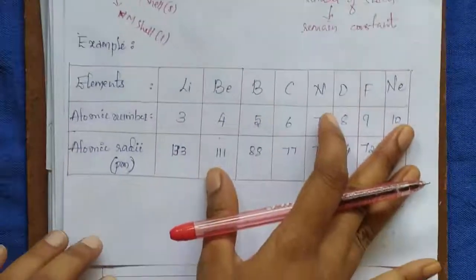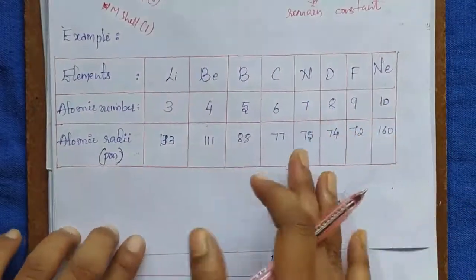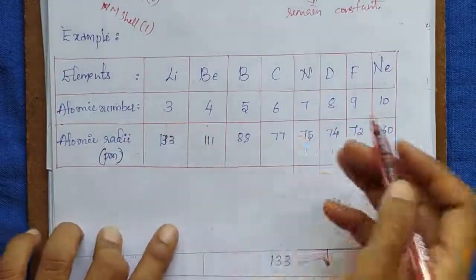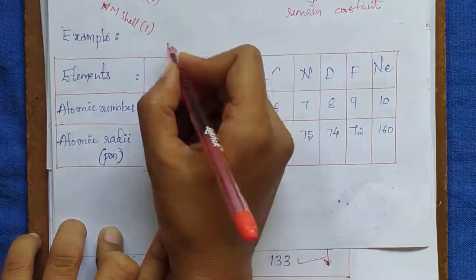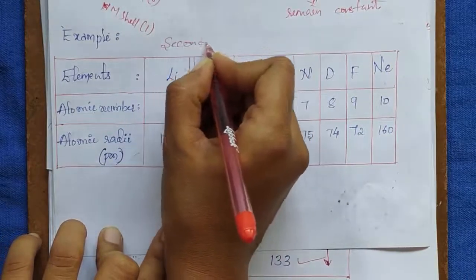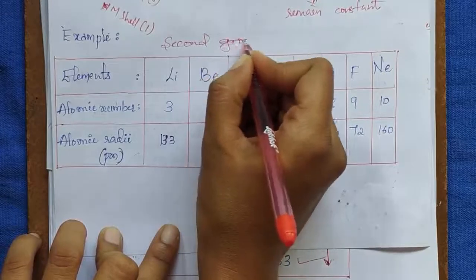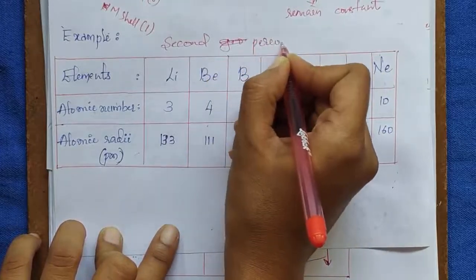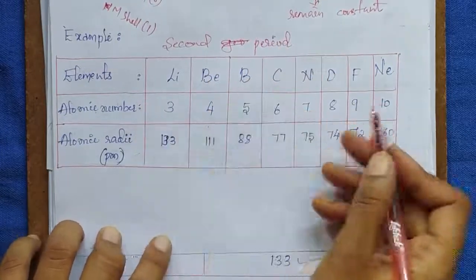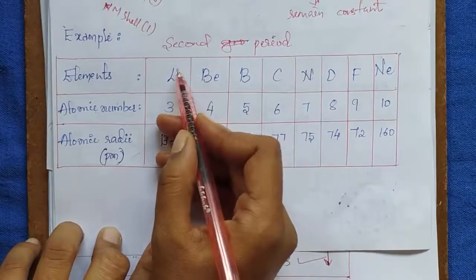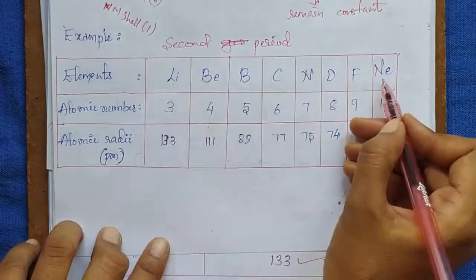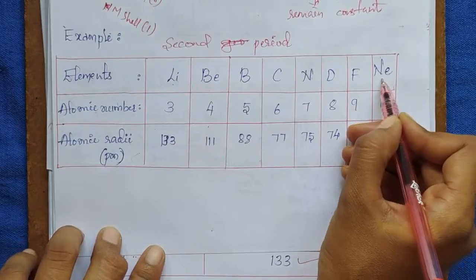Here as an example, children, these are the second period elements. This second period starts from lithium and ends with neon.